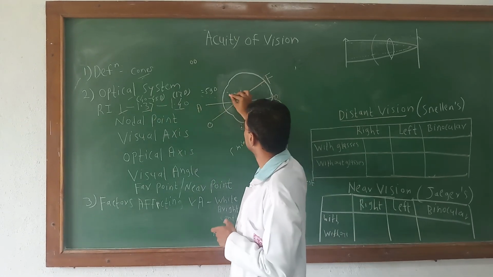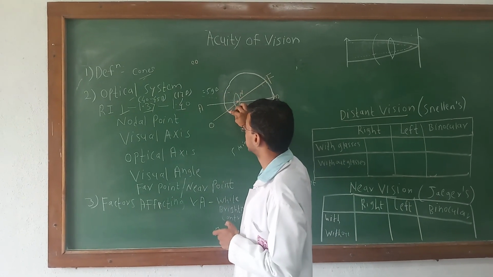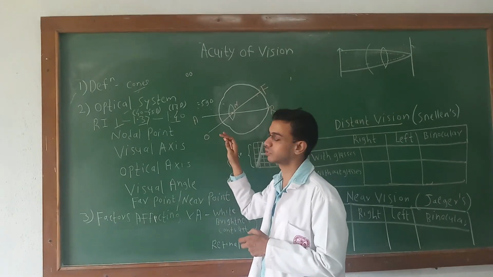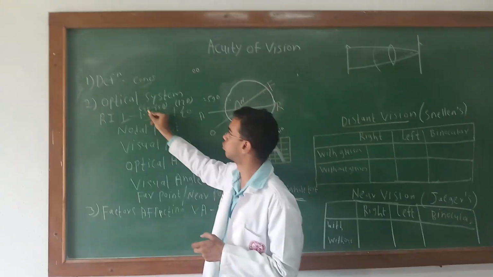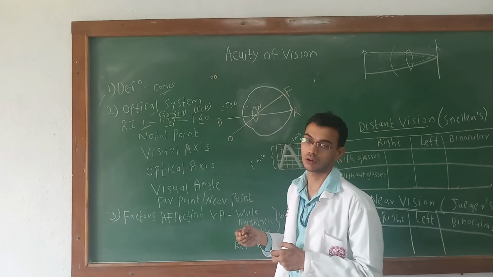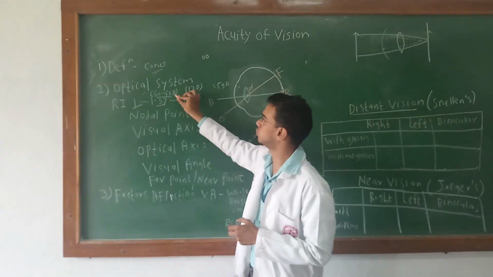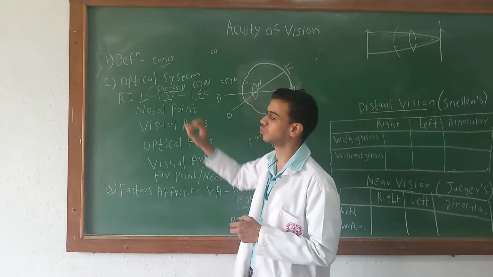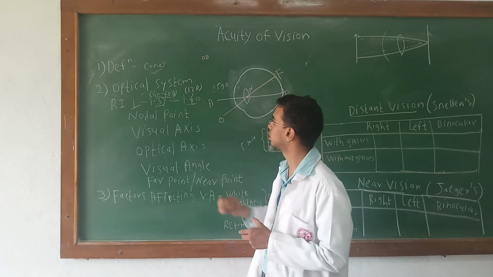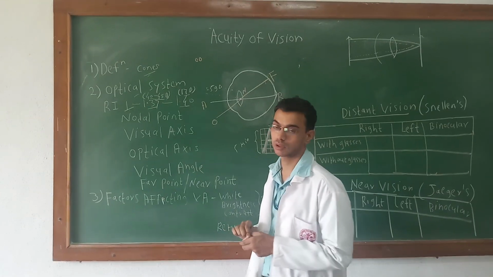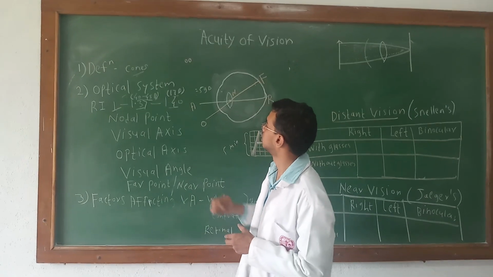The cornea, with a refractive index of about 1.37, gives a refractive power of around 40 to 45 diopters. We measure the refractive power of our eye in a unit called the diopter. The lens gives around 17 diopters.